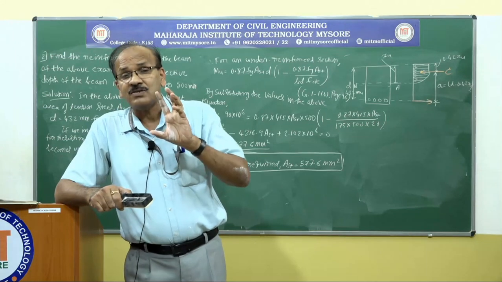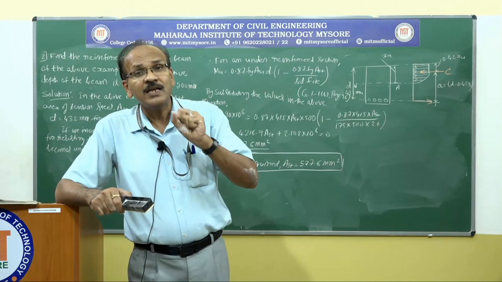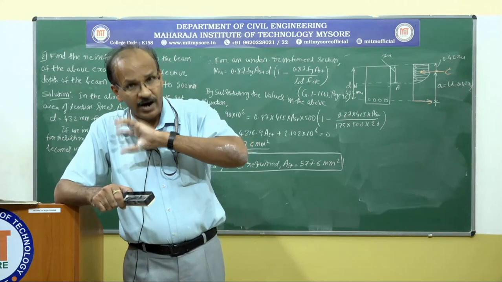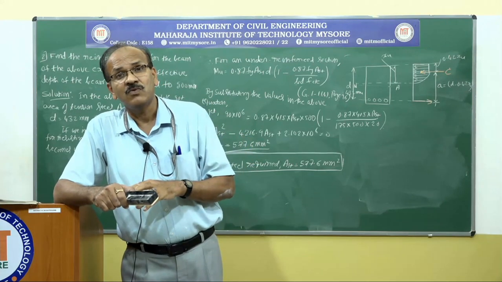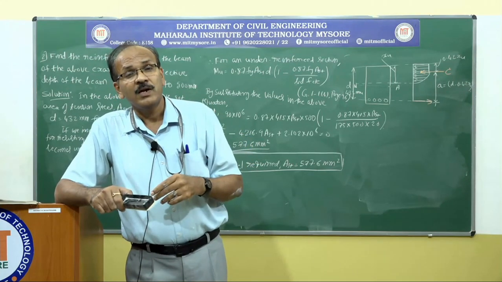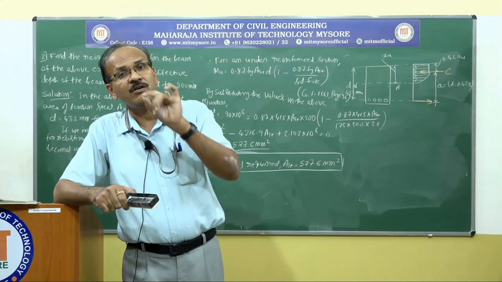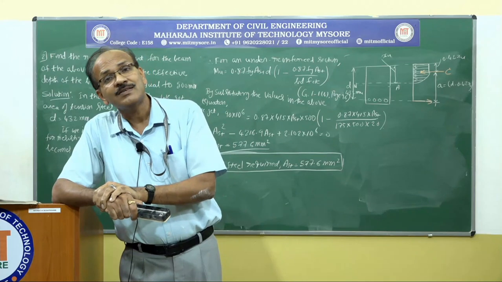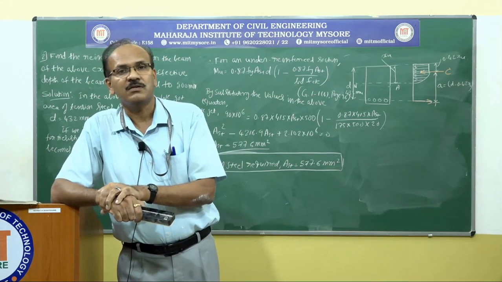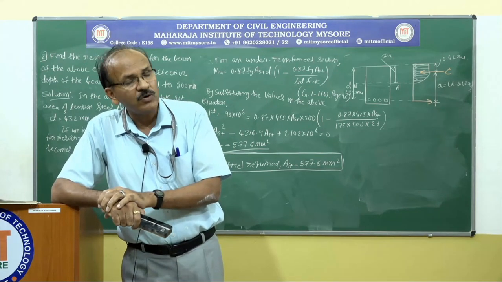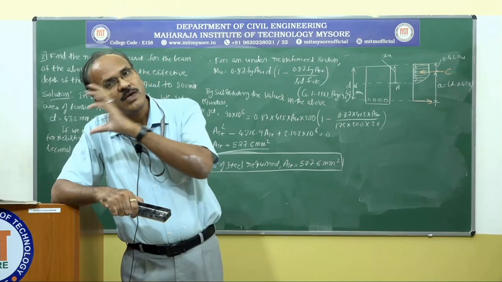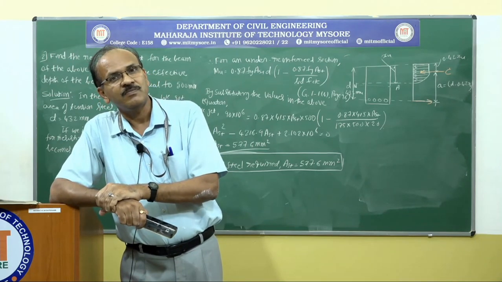But when it comes to the price, steel is relatively higher in price when compared to concrete. So we have to concentrate on saving steel at the cost of concrete. That can be achieved only by going into an under reinforced section.